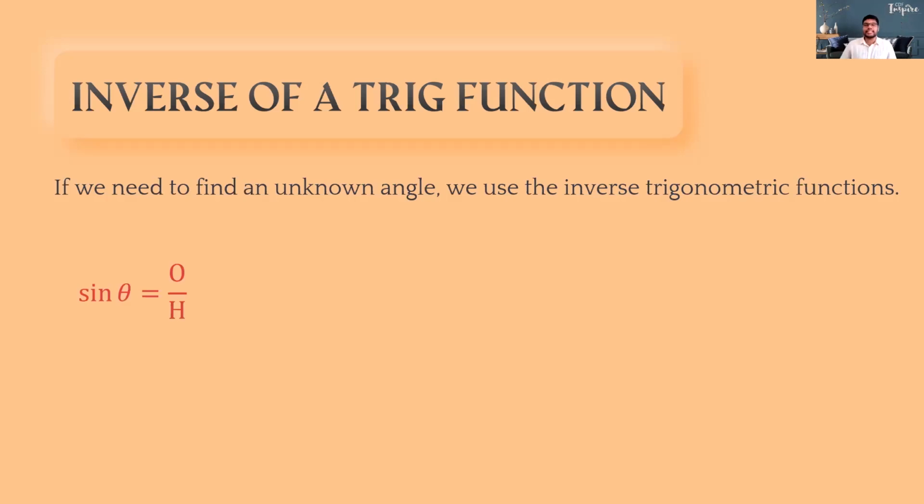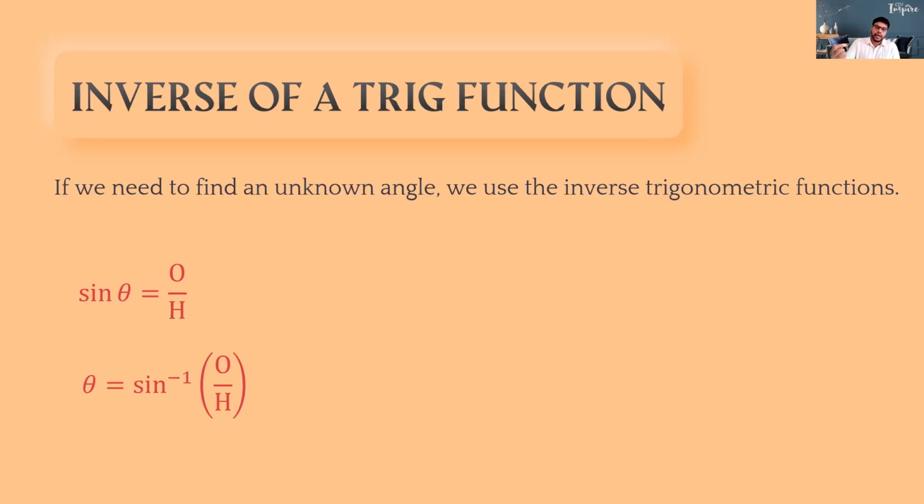So children, we learned that sine theta is opposite over hypotenuse. To get theta, you get sine inverse of opposite over hypotenuse. This is how you write sine inverse. You write sine and you write a little minus 1 as a superscript, like you write powers, like x squared.